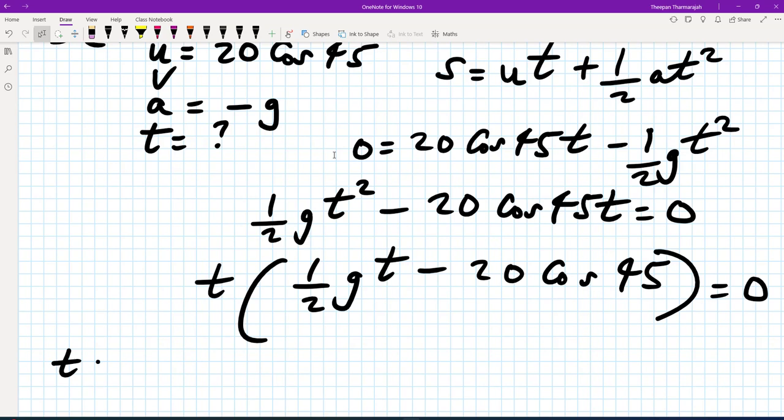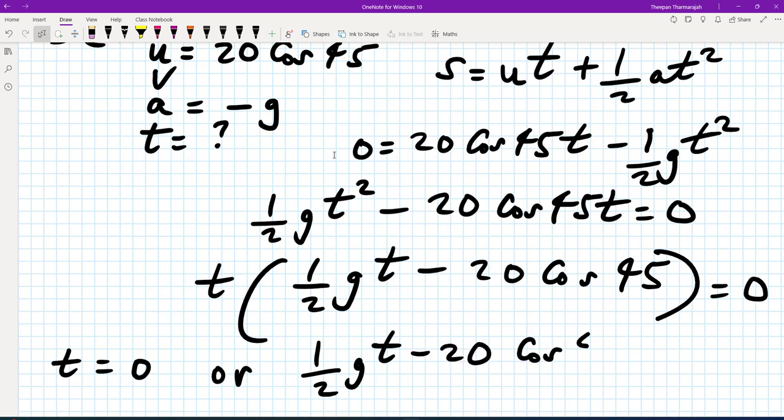So therefore t equals 0, or half gt minus 20 cos 45 equals 0.